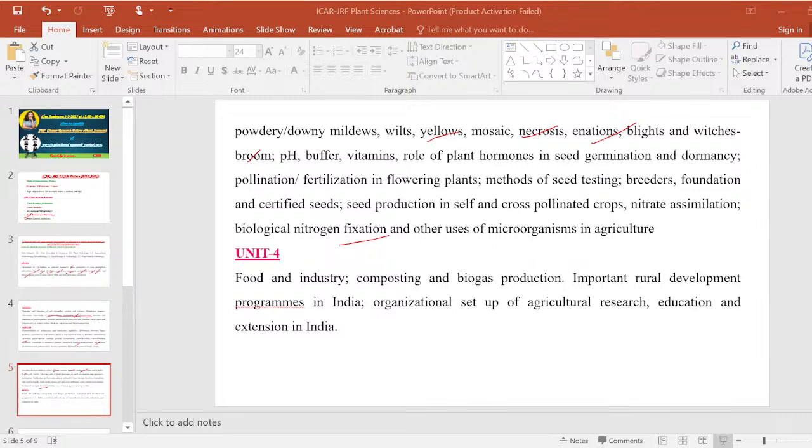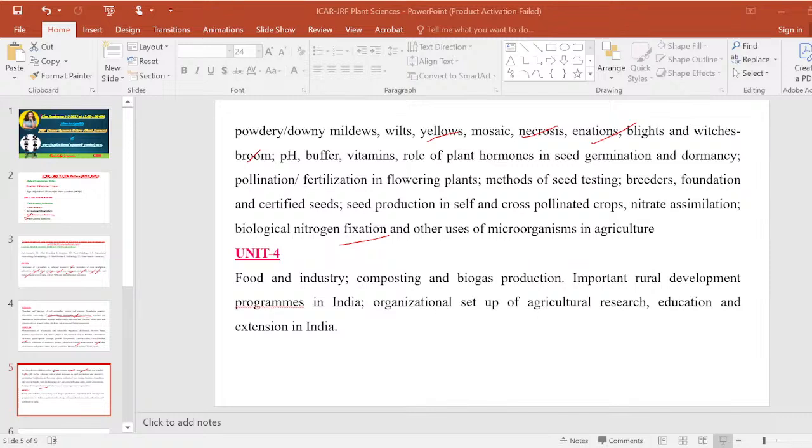So we can choose one option. Then for pathology, A Textbook of Fungi, Bacteria and Viruses by H.C. Dubey and Modern Plant Pathology by H.C. Dubey. Then Introduction to Microbiology by Tara and Kapoor and Seed Technology by R.L. Agarwal. These are the basic and standard books for qualifying JRF in plant sciences.